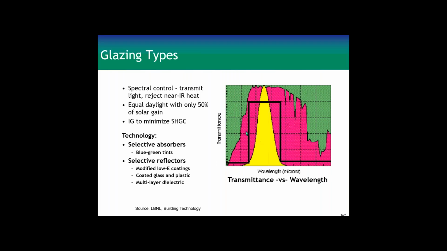So what we try to do with those coatings is to knock off as much of the things that are not useful for daylighting. We'll use daylighting through the window so that we can see without using electric lights, but we don't want the heat through. And they can actually turn these around in the colder climates and allow all the heat in, or in the warmer climates, they can block it all out.